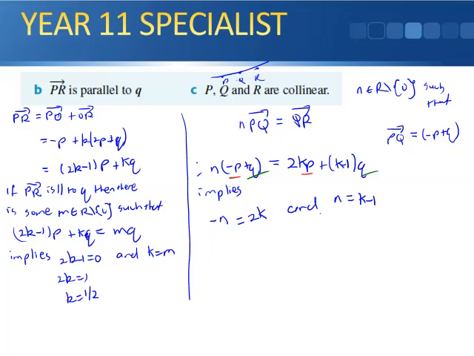But I know that minus n is equal to 2k, so I'm going to substitute that in there. So I'll have minus 2k equals k minus 1, because if minus n is 2k, then n is negative 2k, and therefore I have 3k minus 1 equals 0, 3k equals 1, k equals a third.